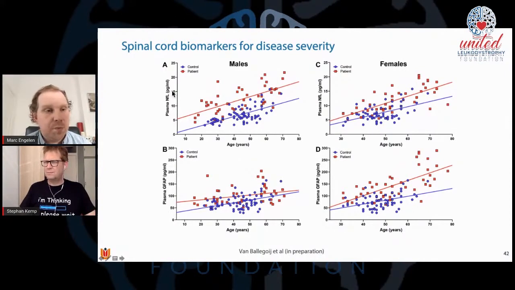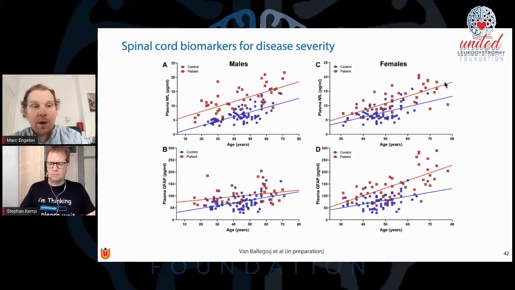It's been used in Parkinson's, Alzheimer's, MS, lots of neurological diseases, and in ALD also. It is increased in the plasma of people with ALD, men more than women, especially people with ALD with spinal cord disease. So maybe that is also something that in the future we could use, because if you have an effective treatment, you would hope it would normalize.